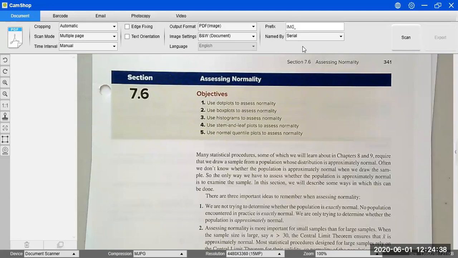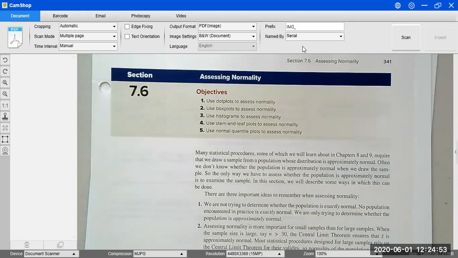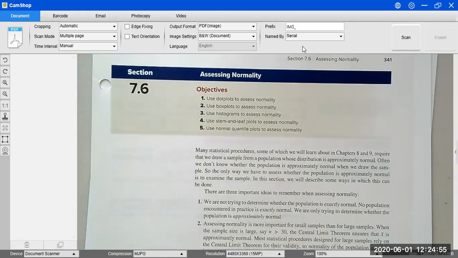The last section that we're going to cover for this lecture is section 7.6, which is also the last section corresponding to chapter 7, and it's about assessing normality. So this is on page 341. So why is this important? We have been using the normal distribution as a sampling distribution when we want to know about the probabilities of events involving samples.